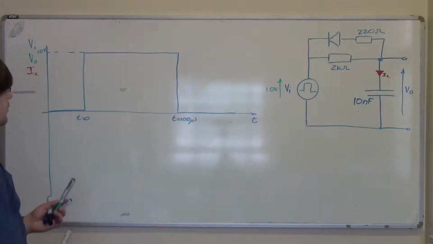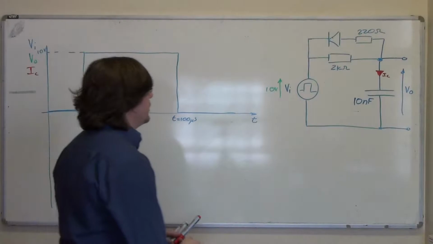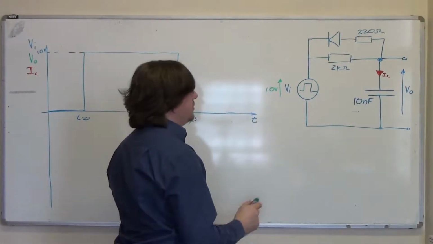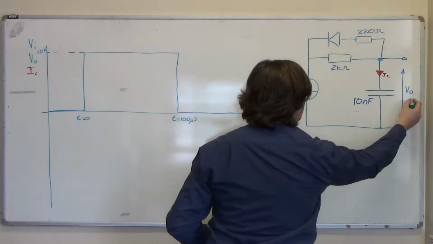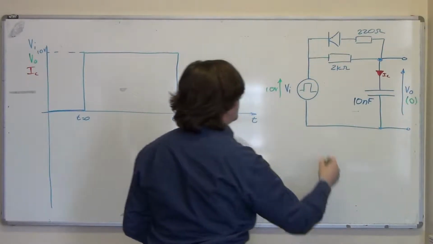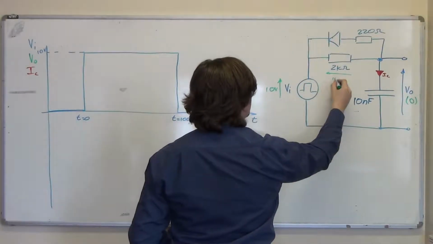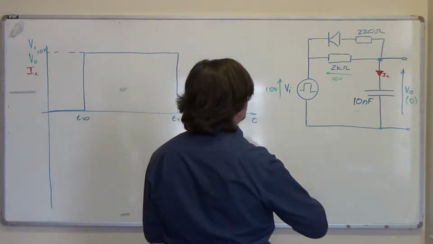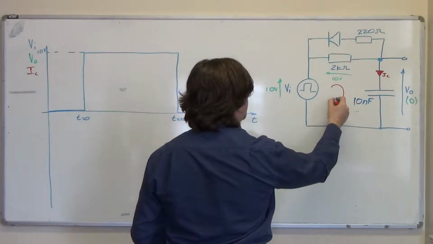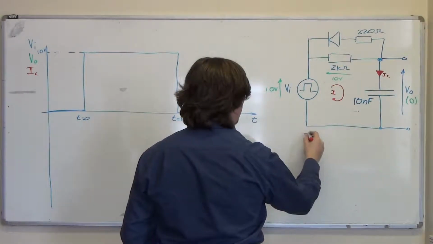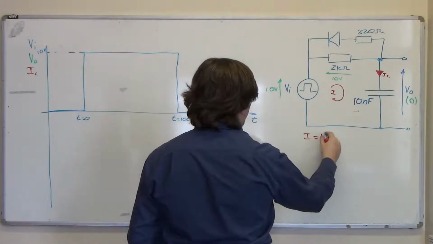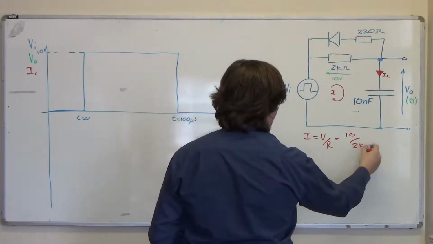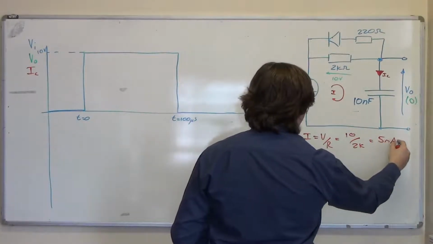So if I had 10 volts here and no volts there, so it's completely discharged, so V out is 0, that means I've got 10 volts across the 2K resistor, so I can work out the current that flows around this loop. So I is going to be V upon R, which is 10 upon 2K, which is 5 milliamps.